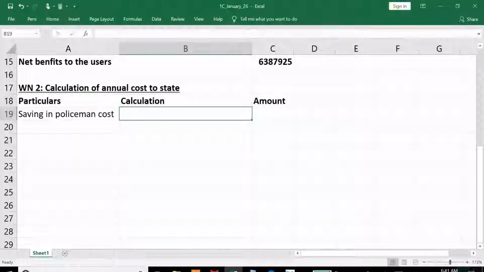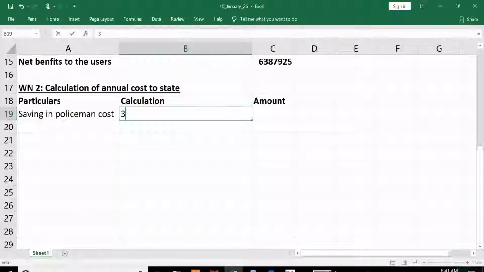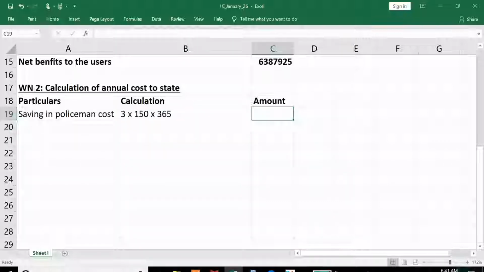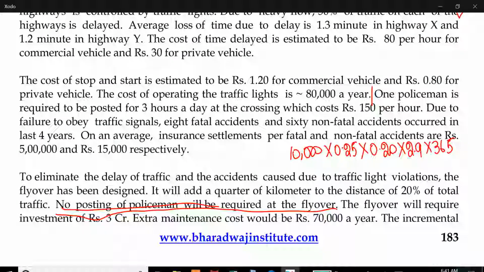The saving is: one policeman is required to be posted for 3 hours a day at the crossing which costs 150 per hour. 3 hours into 150 per hour into 365 days.